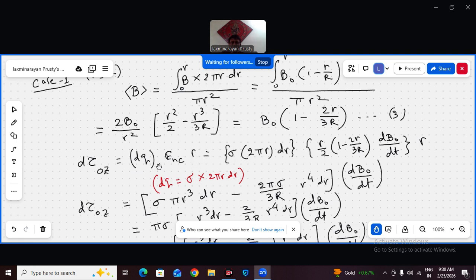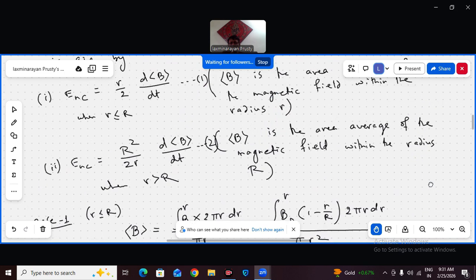So what is the dq element? That is sigma into 2 pi r dr, that small elemental ring of radius r less than capital R. Then r by 2 times dB average by dt is the ENC, already I have written this.